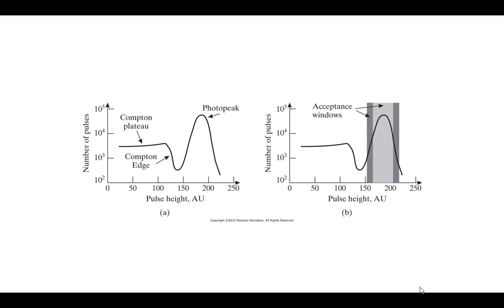The neat thing is, remember Compton, you lose some energy when you get that angle that's going on? Well, since I lose energy, the energy drop actually allows me to be able to detect Compton scattered versus non.